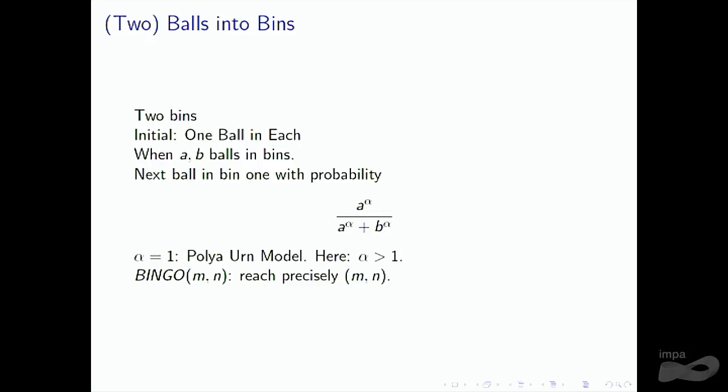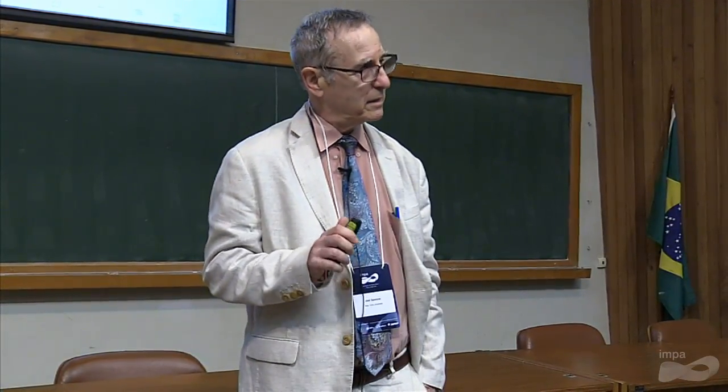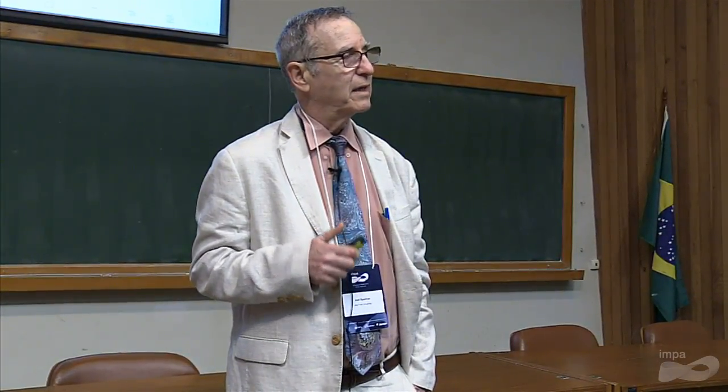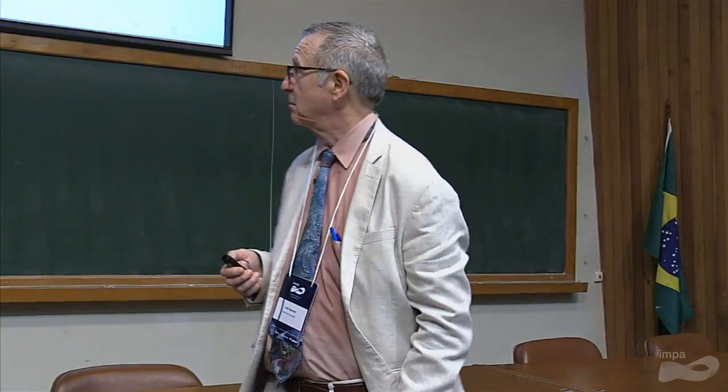Now, if alpha equals 1, this is very well studied. This is called the Polya urn model. But we're going to look at the case where alpha is greater than 1. So it's quite a bit different. And so this is, you might call it super preferential attachment.